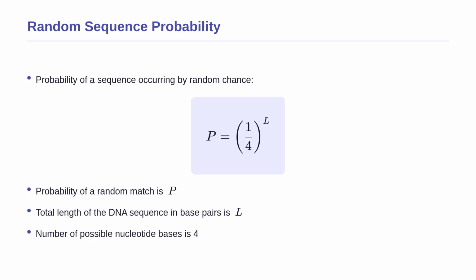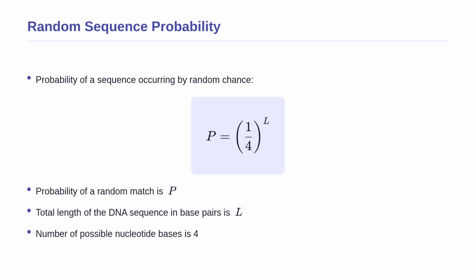To perform this mathematical check, we use a straightforward probability formula. Here, the variable p represents the probability of a specific DNA sequence occurring purely by random chance. The number 4 in the denominator represents the 4 possible nucleotide bases in DNA, which are the building blocks of the genetic code.